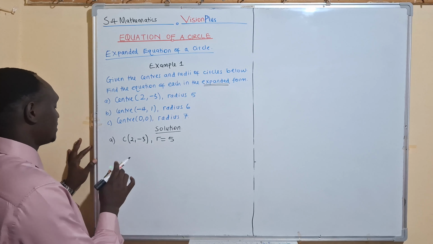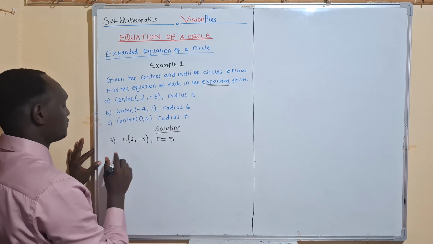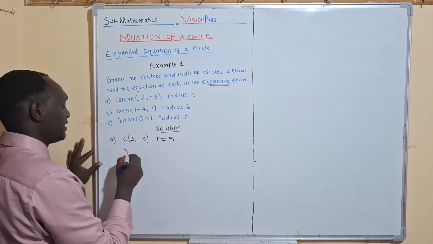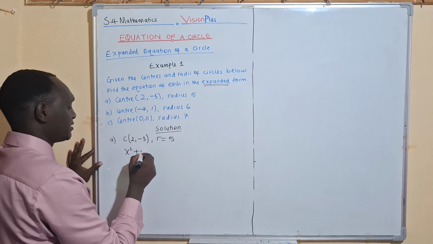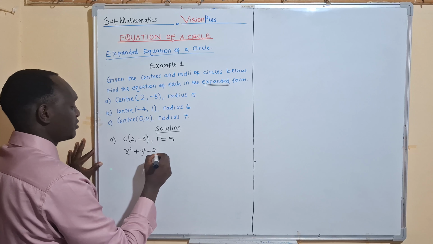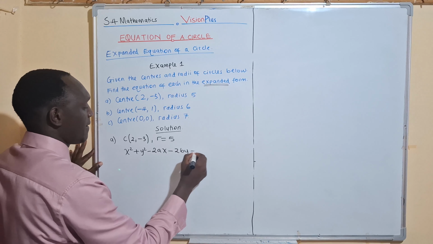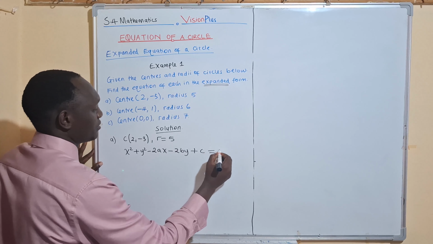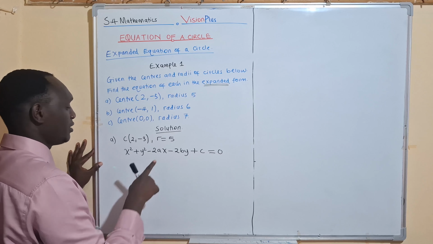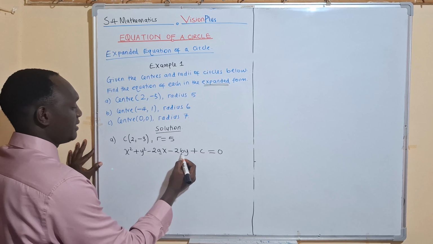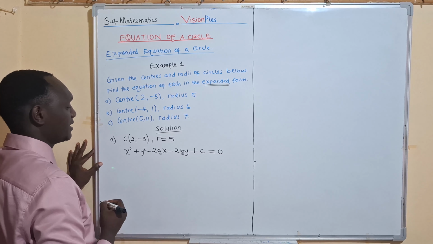We need to quote the formula for the expanded form, which says that x squared plus y squared minus 2ax minus 2by plus c equals 0, where a and b are the coordinates of the center.